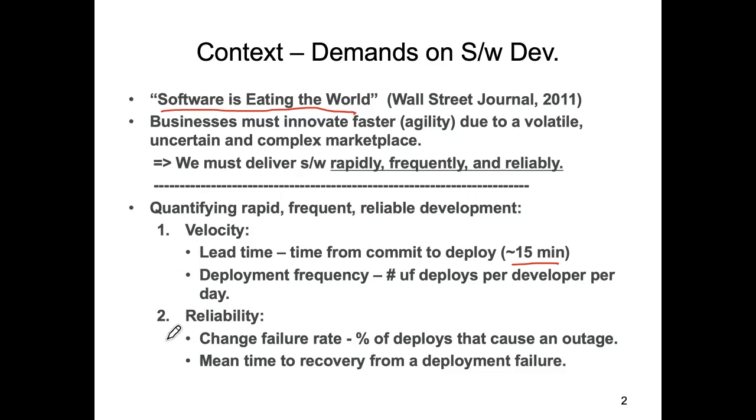But sometimes it will cause it to fail. And so how quickly can we actually fix those bugs and get those fixes into the production environment? That's also an indicator of how rapidly, frequently, and reliably you as a software house develop software.